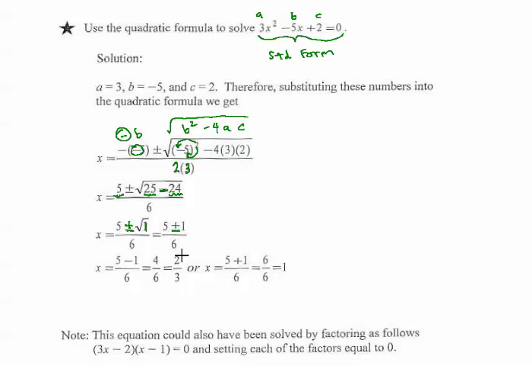With this radical part being 1, that is a real number, and 5 is a real number, so we can add these together very easily. We get on one hand 5 minus the 1, and on the other hand we get 5 plus the 1. You take that to the end and simplify. We get 2 answers, and they are 2 real answers, 2/3 and 1.